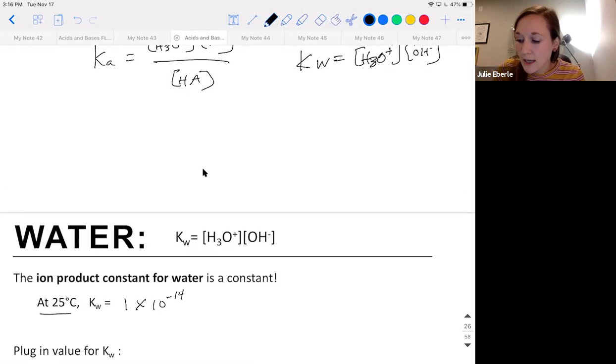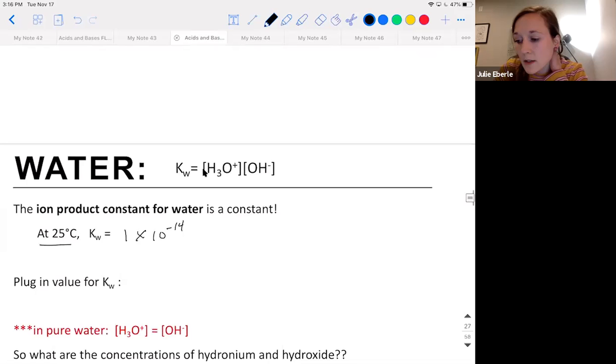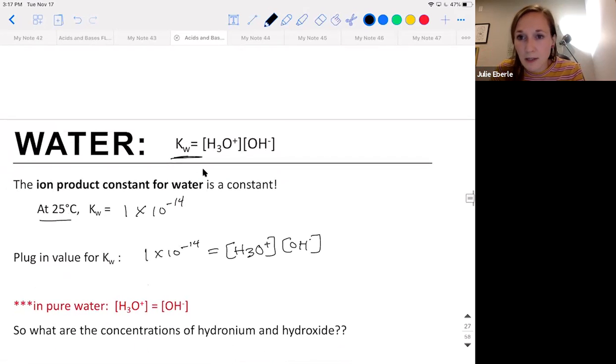And this is a really teeny tiny K. So we mostly have water, but because we have a value for K, if we plug that into the equation, we have 1 times 10 to the minus 14 equals the concentration of H3O plus times OH minus. You can always plug in this value for Kw. And it's unitless. K equilibrium constants are unitless, no units here.